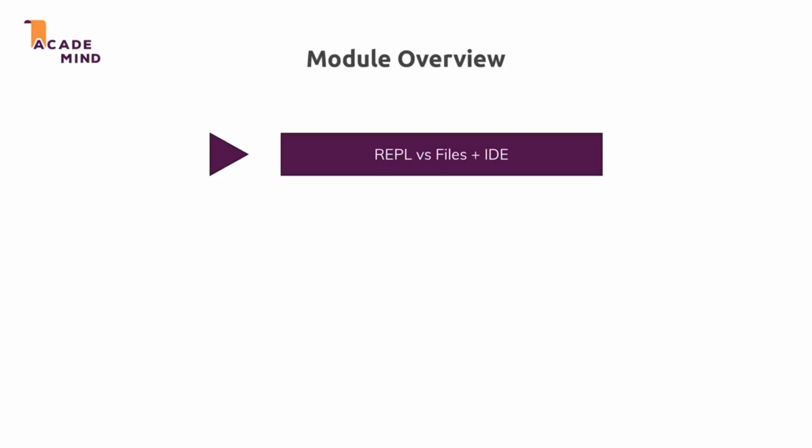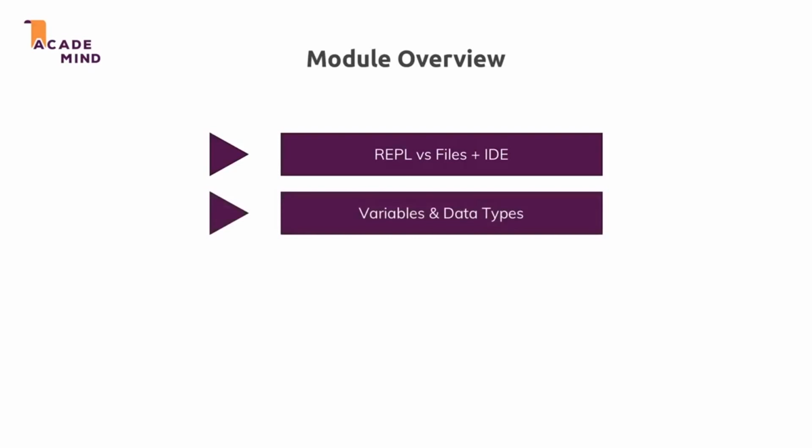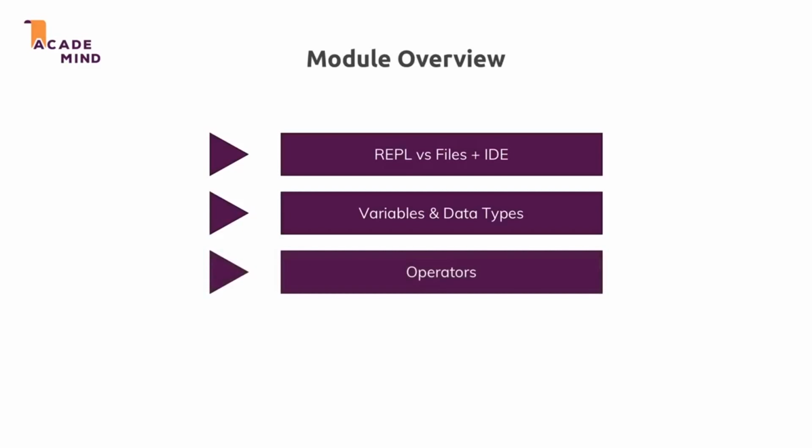Thereafter, we'll dive into the Python language and we'll start working with variables and see which data types we can store in these variables. And of course, what variables are to begin with. Now we'll also see that with variables alone, we can't do that much. So we'll also have a look at operators. We'll understand what operators are and which operators exist and how we can use them.